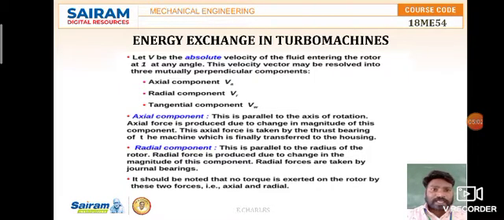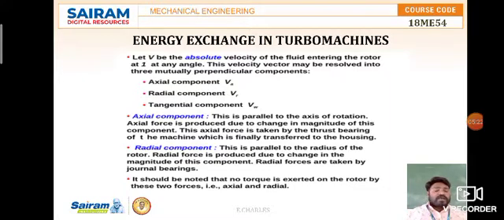Coming to the axial component, it is parallel to the axis of rotation. When we say axial component, the velocity is along the axis of rotation. The axis of rotation we have seen in the diagram, OO, is the axis of the shaft.